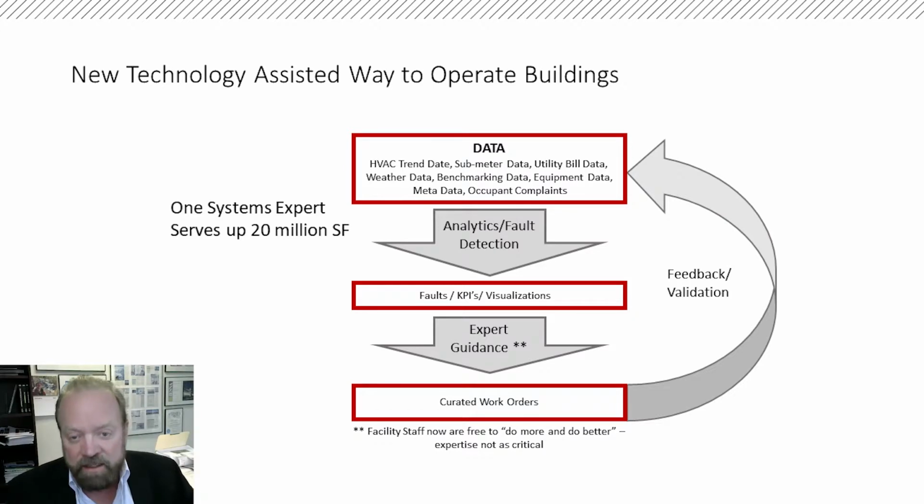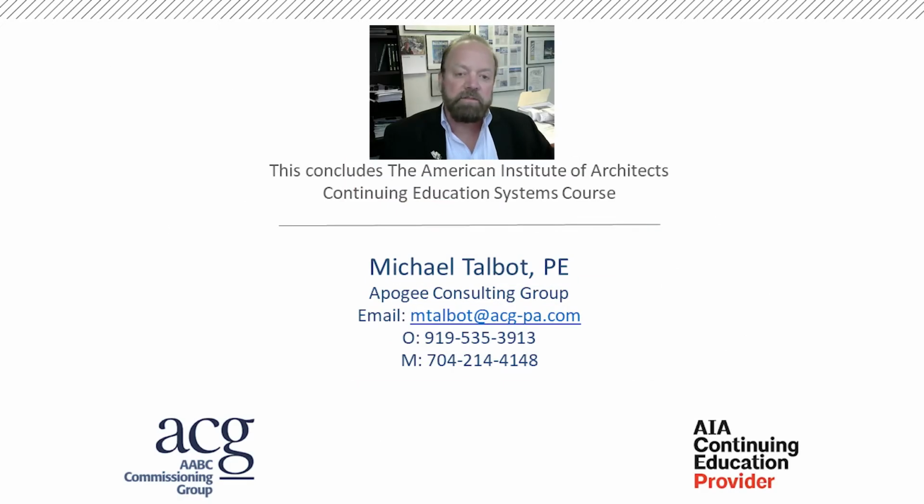You use analytics and fault detection to develop faults, key performance indicators, and also visualizations, which are then evaluated by an expert. Then the work orders are developed by the expert, and then the feedback and validation is given back to the system. And the good thing about this is one systems expert can serve up to 20 million square feet. So this concludes my presentation.